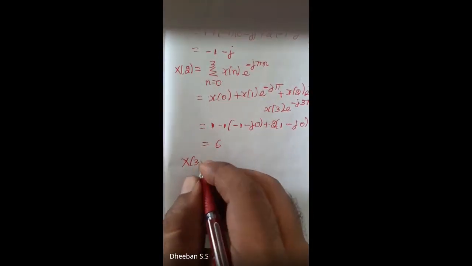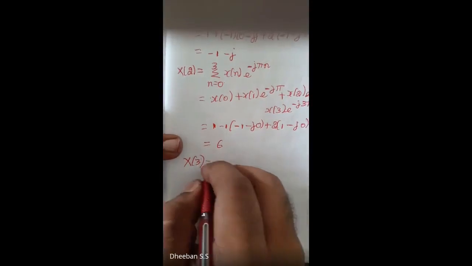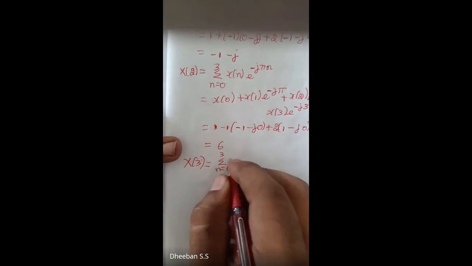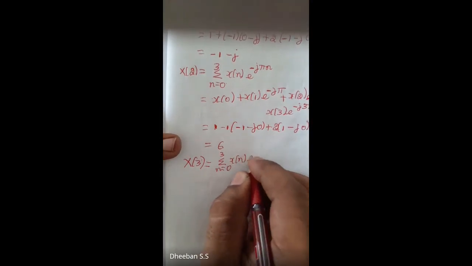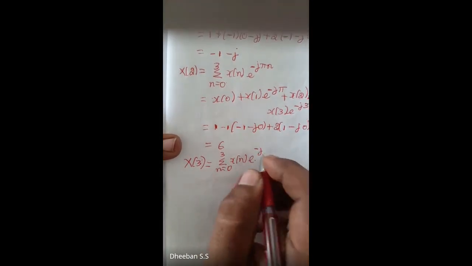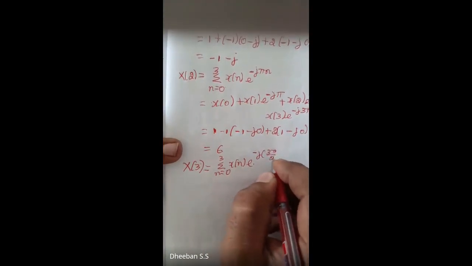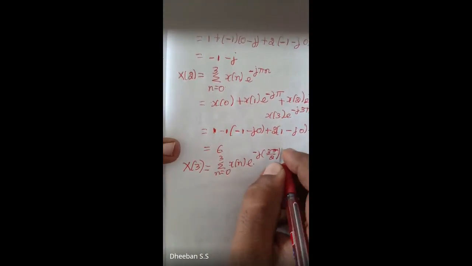Now with respect to X of 3, the same thing you have to do. Summation n equal to 0 to 3, x of n, e power minus j, and the term will become 3 pi by 2, that is the k value you are applying, into n.